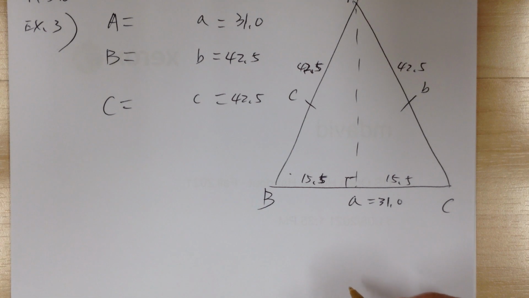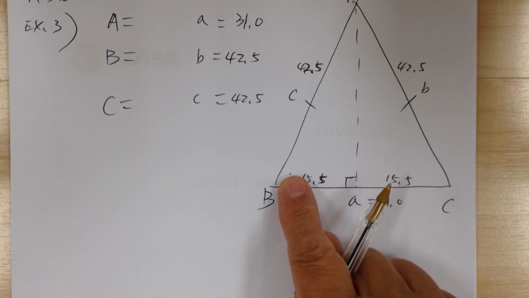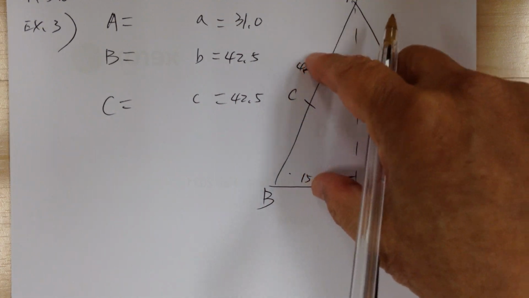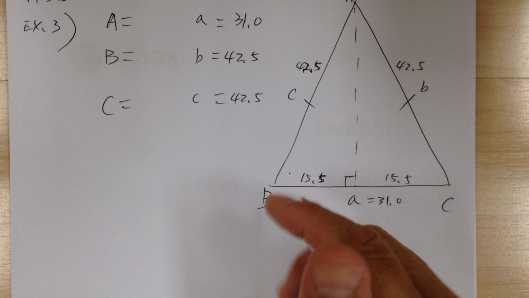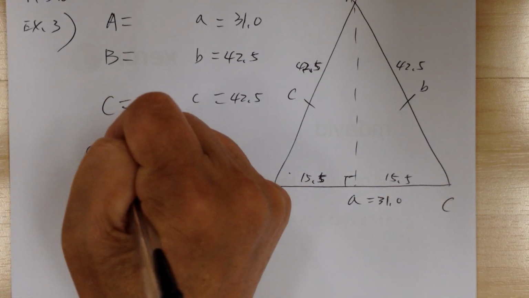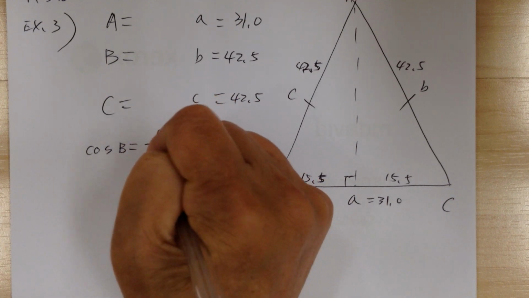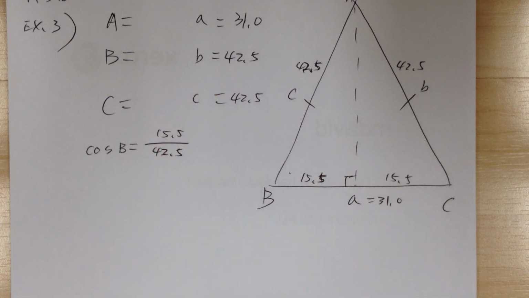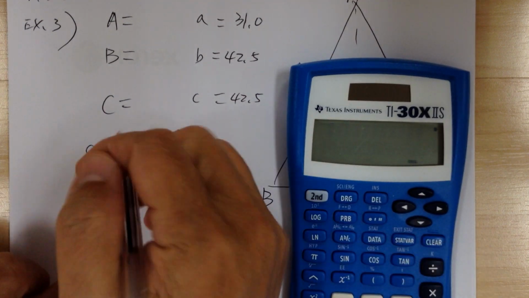Now I'm going to find the angle B first. The relationship between these two sides would be the cosine. So cosine of B will equal 15.5 over 42.5.